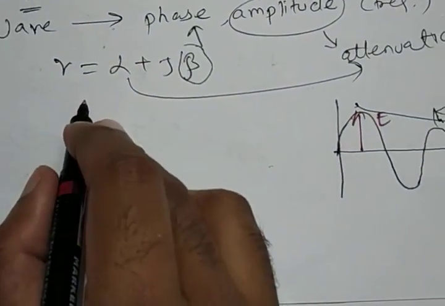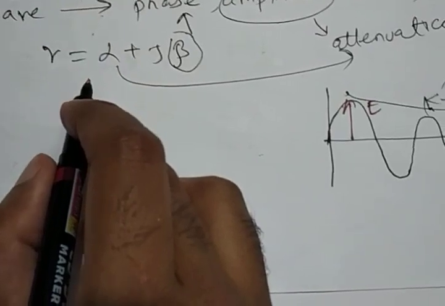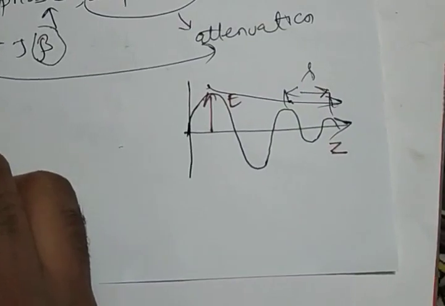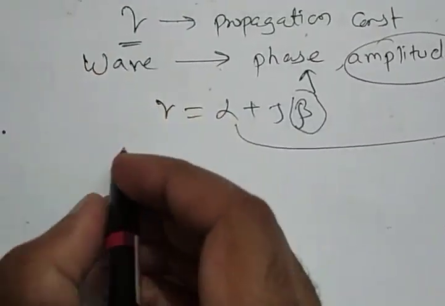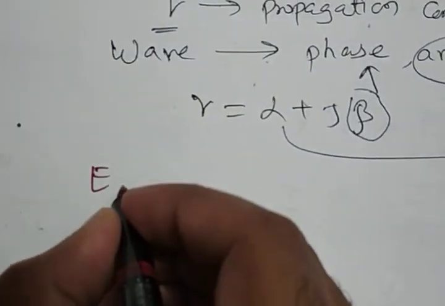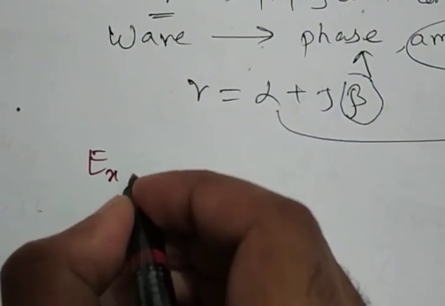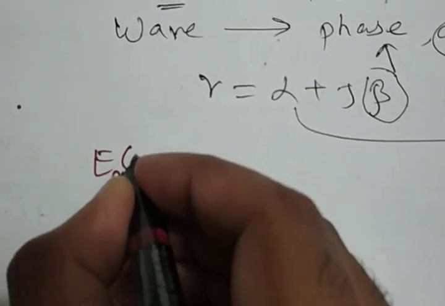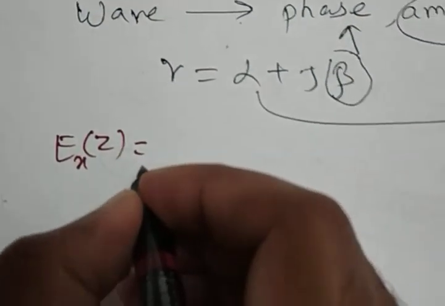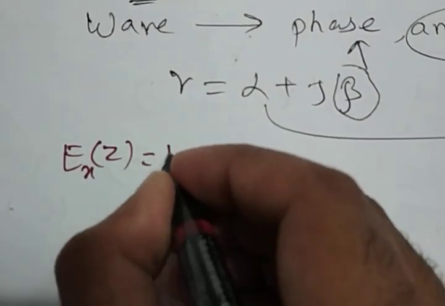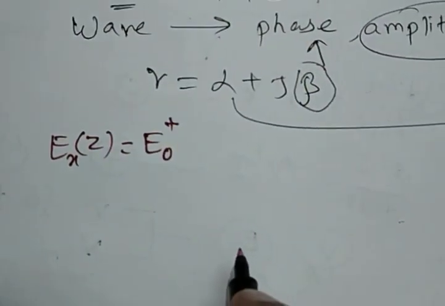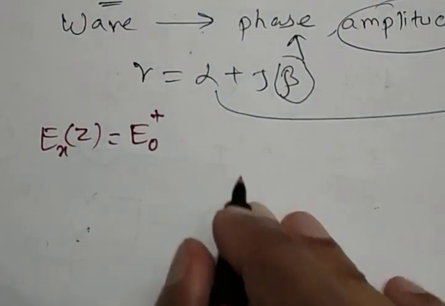So the general solution for this propagation of a wave which is exponential in nature and is going in the z direction will have two parts. Say this is the wave, the component of E, say E is vibrating in the x direction for example, and the movement is in the z direction. At distance 0, we will have two parts of this wave. First will be the positive part, which will be the forward wave or the incident wave.